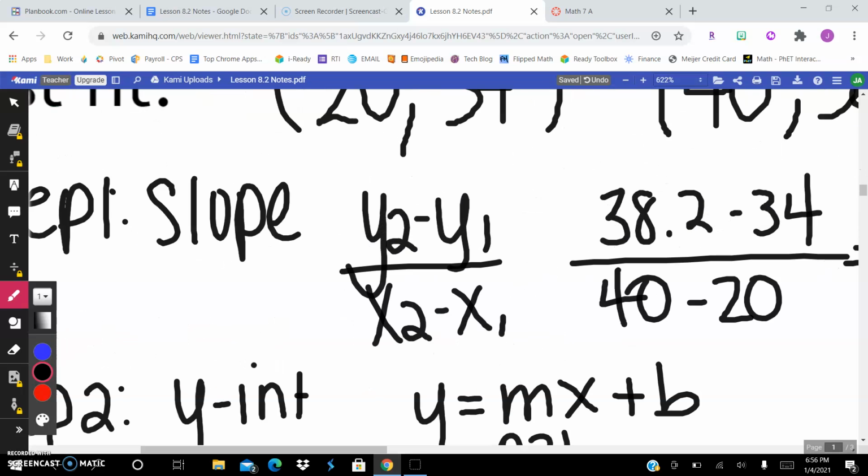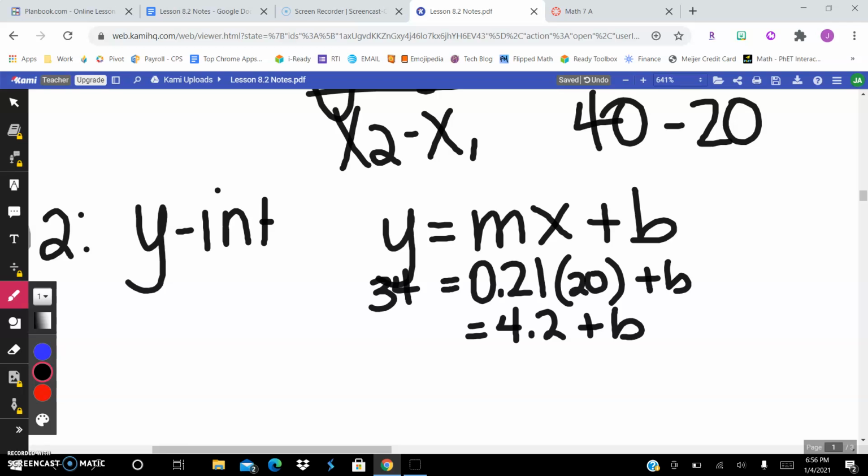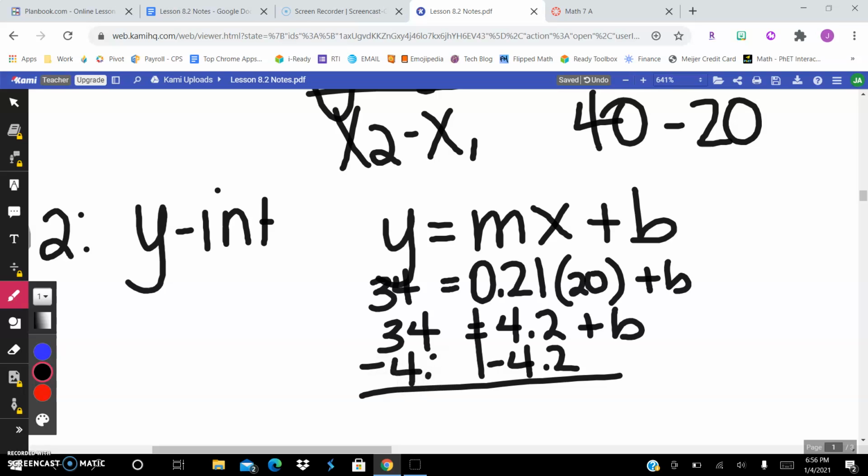So our y is 34 and our x is 20. And we're going to use that to solve for b now. So if I do 0.21 times 20, I'm going to get 4.2 plus b, and that would give us 34. So then I solve for b, so I subtract 4.2 from both sides, and I get 29.8 equals b.